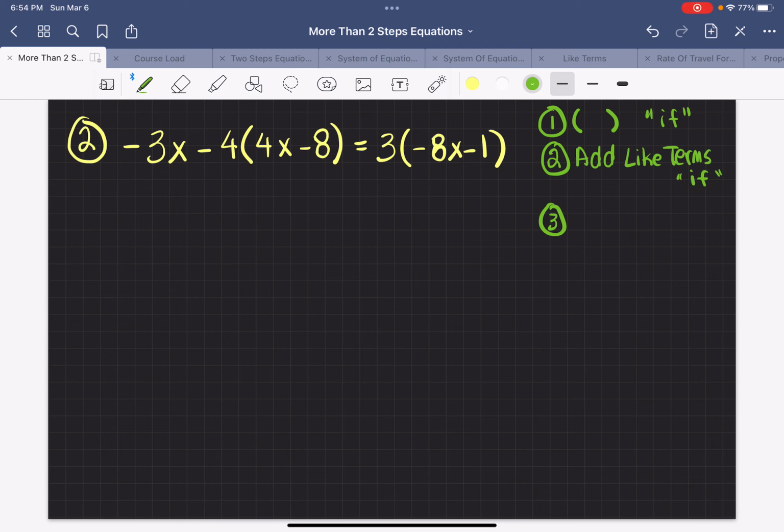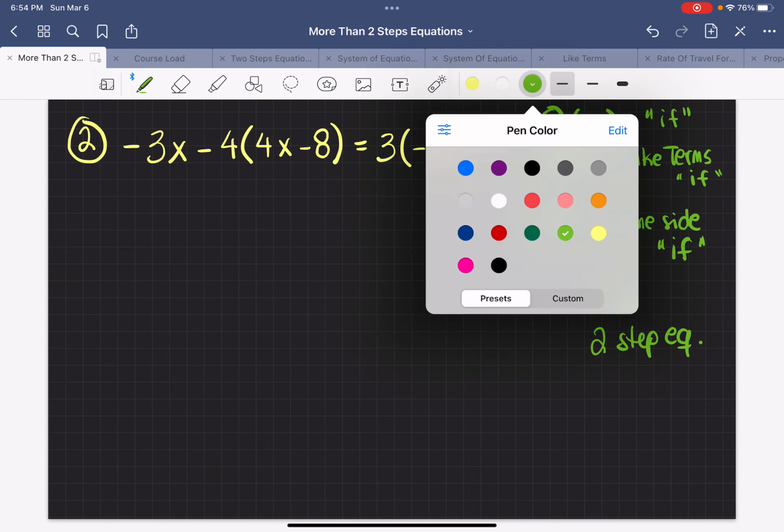Step 3, put all your variables or your x's on one side of the equation if you have them on both sides of the equation, and that will take me to a 2-step equation if I do follow all of those 3 steps. So let's start.